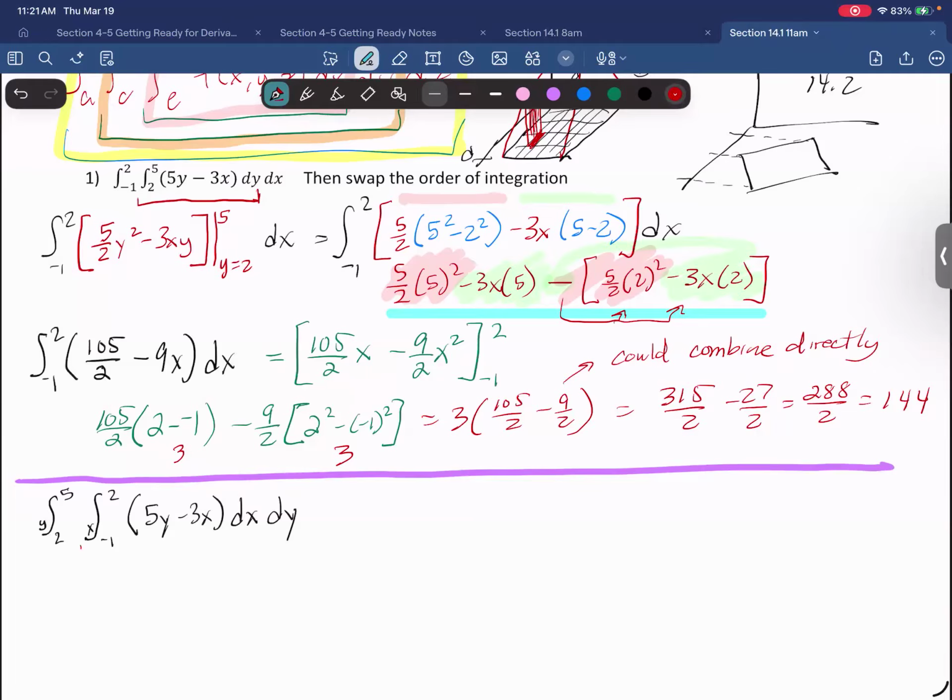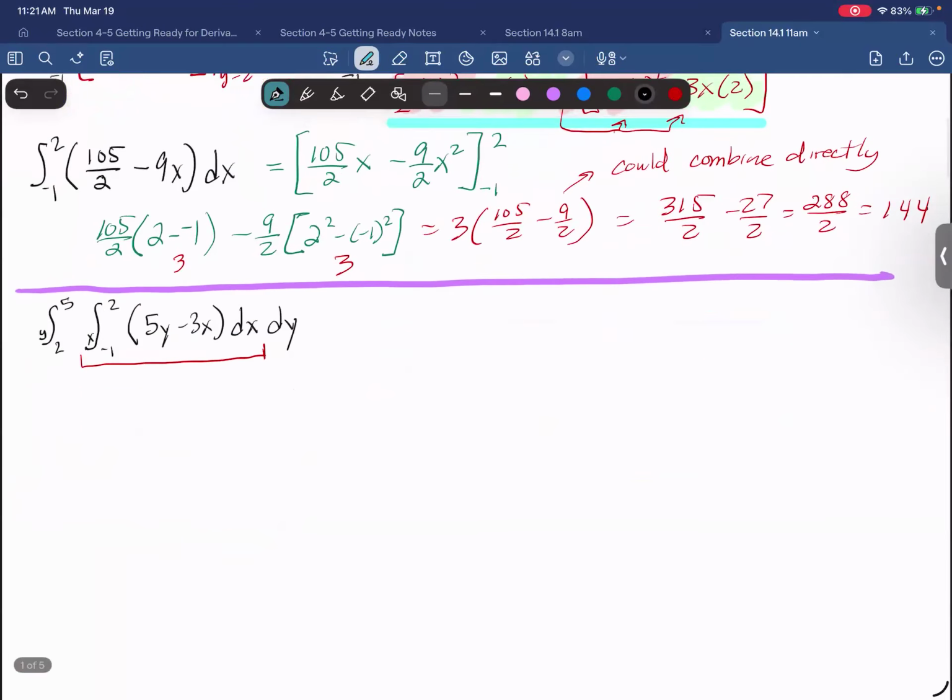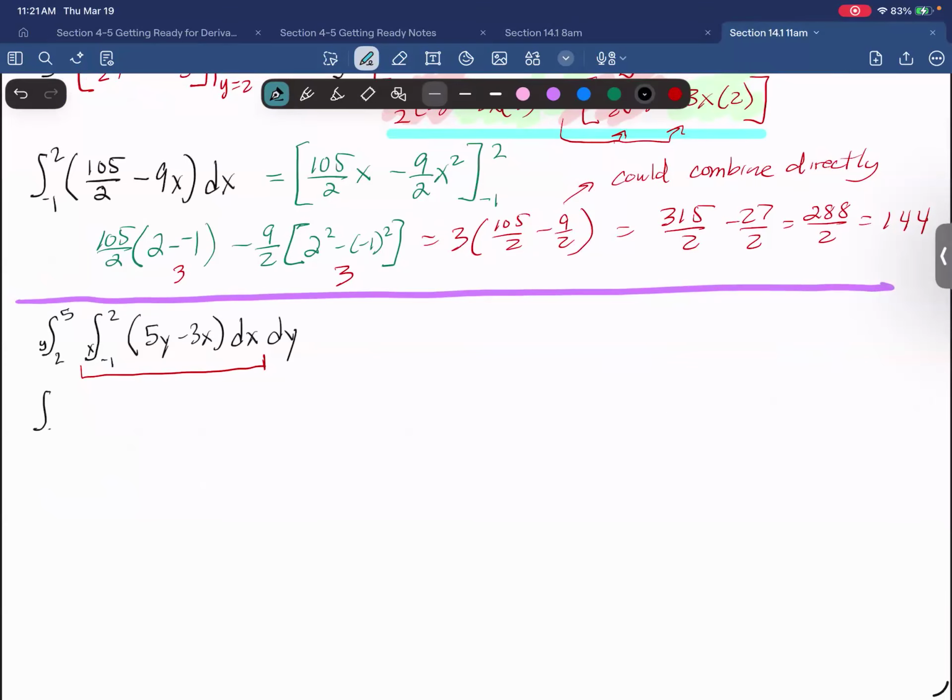Again, we will start on the inside. We are integrating with respect to x, so that is 5xy minus 3 halves x squared. And we're going from x equals -1 to 2.